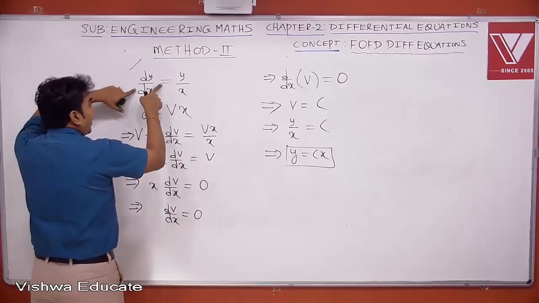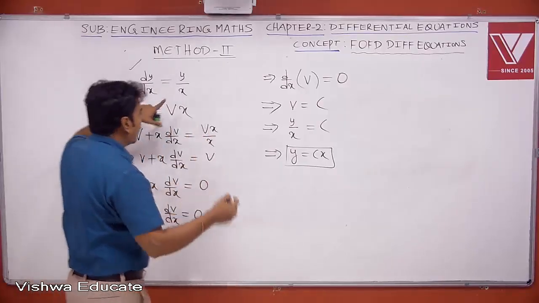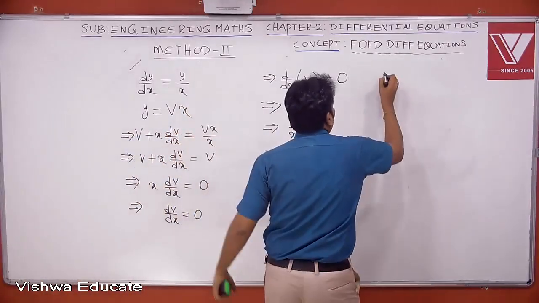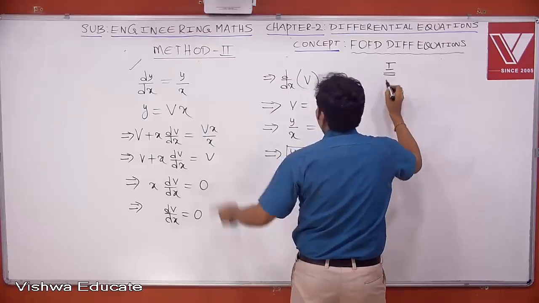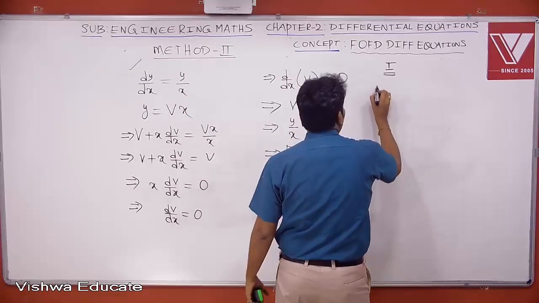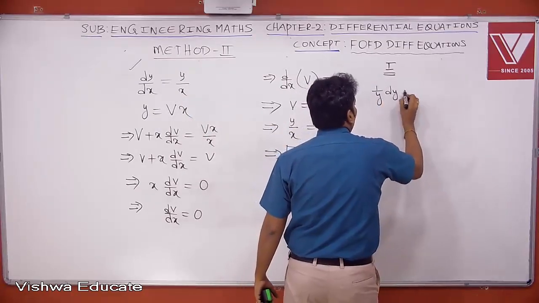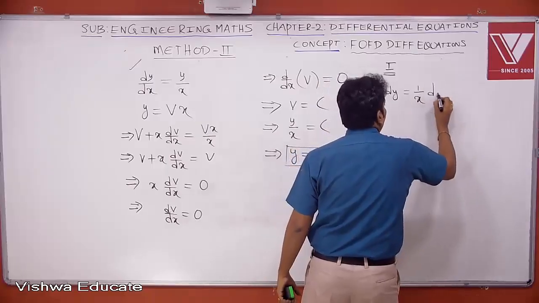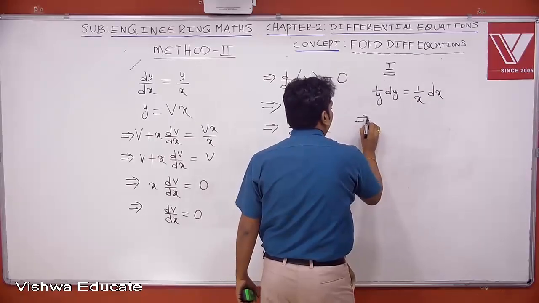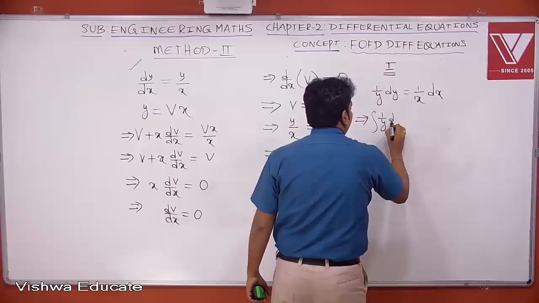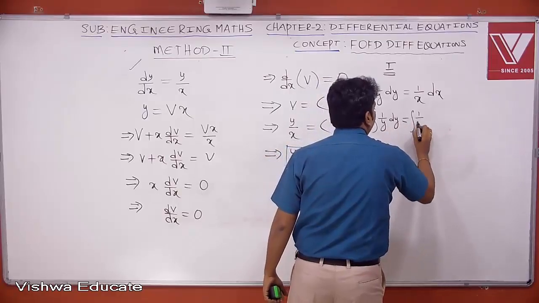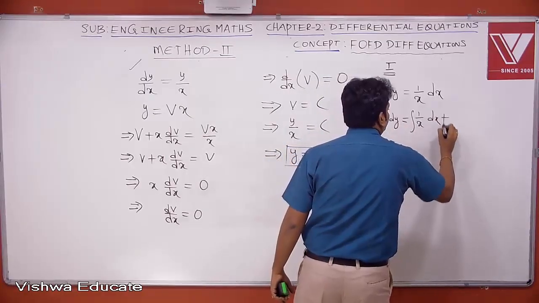I can handle this by method 1 also very simply. If I handle this by method 1, then cross multiply this, you will get 1 by y dy equal to 1 by x dx. Variables will be separated. Apply integration on both sides. Integral 1 by y dy equal to integral 1 by x dx plus c.